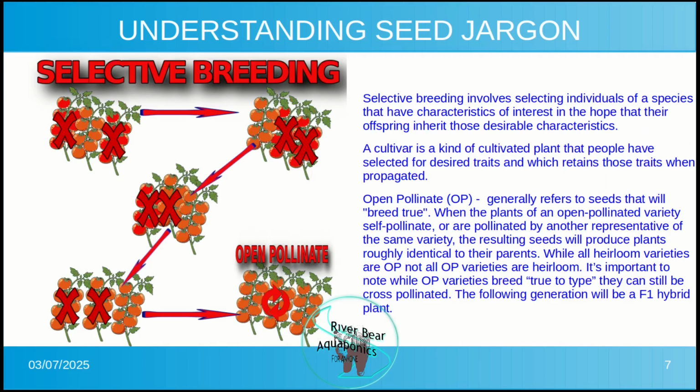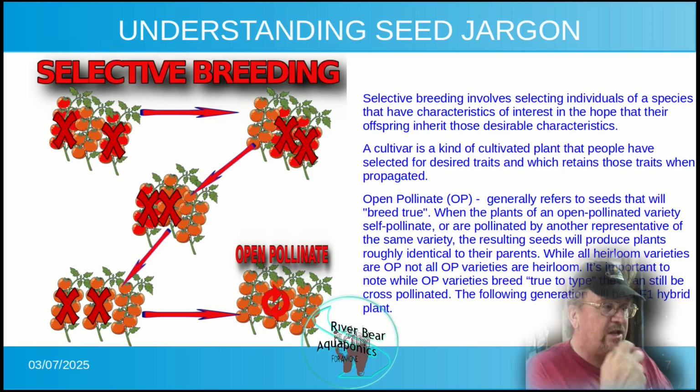Open pollinated generally refers to seeds that are breeding true. When plants of an open pollinated variety self-pollinate or are pollinated from other representatives of the same variety, the resulting seeds and plants will be roughly identical to the parents, bearing all the same traits.